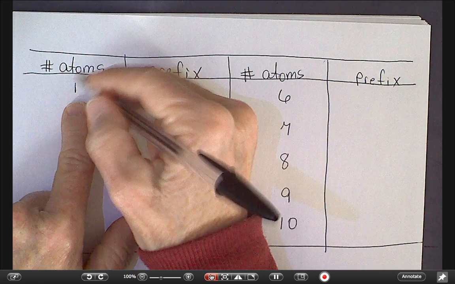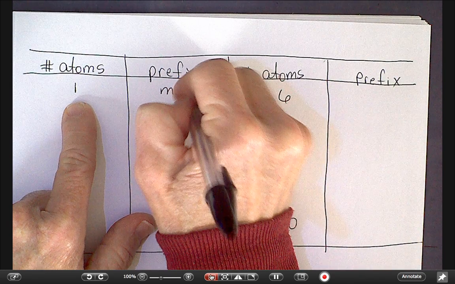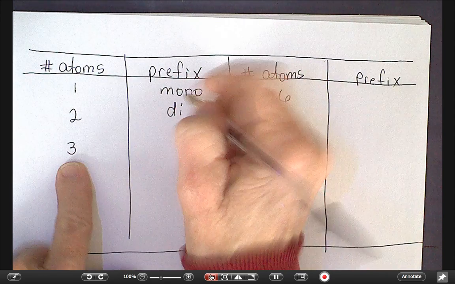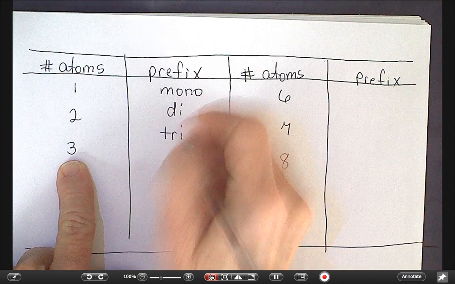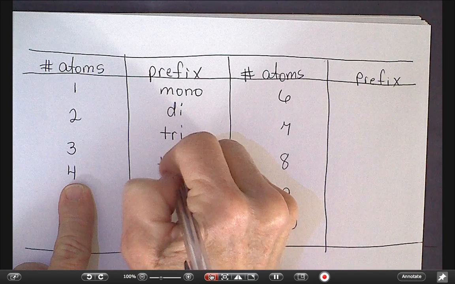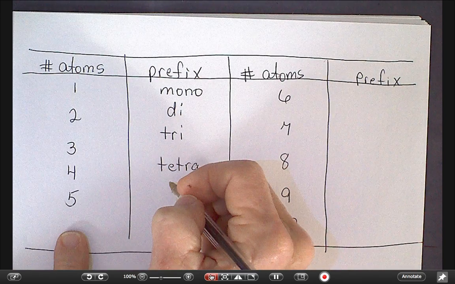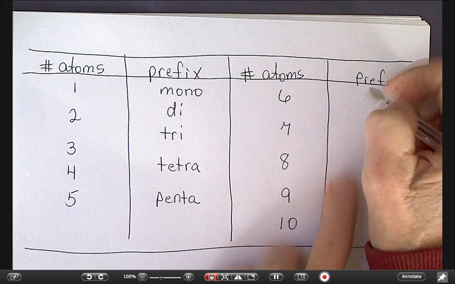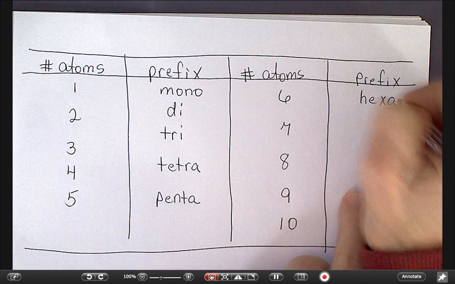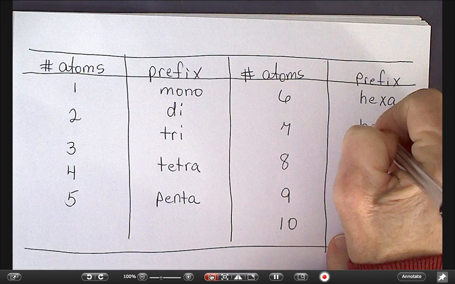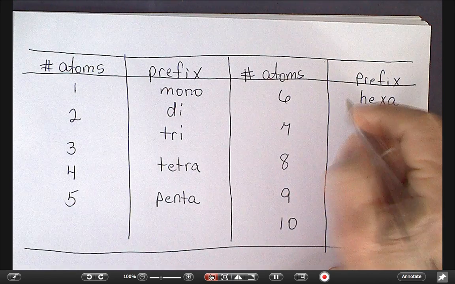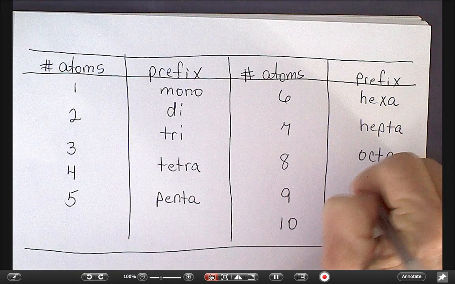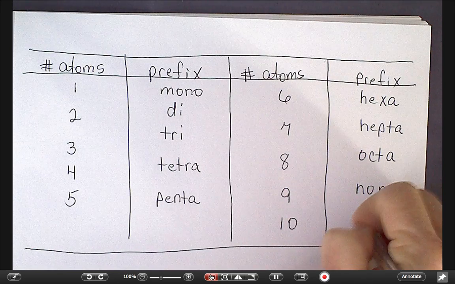For the prefix, mono goes with 1. 2 is what? Di. 3 is what? Tri. 4 is tetra. 5 is penta. 6 is hexa. 7 is hepta. 8 is octa. 9 is nona. 10 is deca.